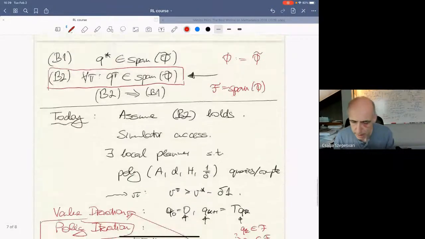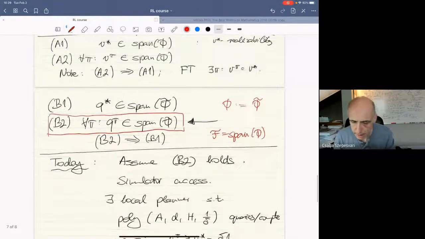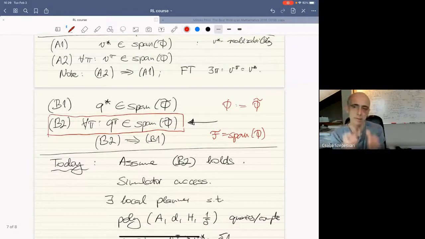If you build a target that only works under a very narrow set of assumptions, and anytime you're deviating from the assumptions it blows up, not doing anything useful no matter how small the deviations are, that's not really a good algorithm. So you want to relax this B2 a little bit, and maybe it's worthwhile to discuss that.